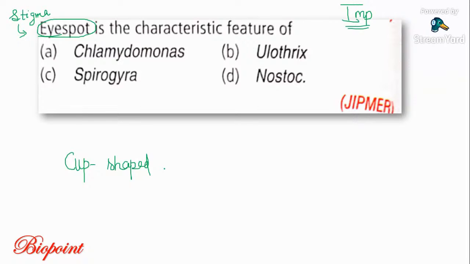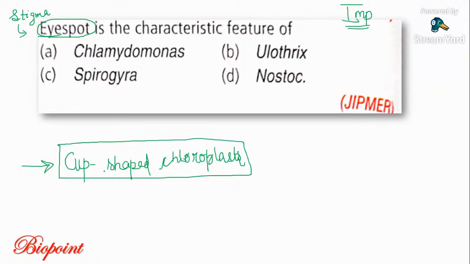So tell me the answer for this question. Name the organism in the given option that contains a cup-shaped chloroplast. Tell me.